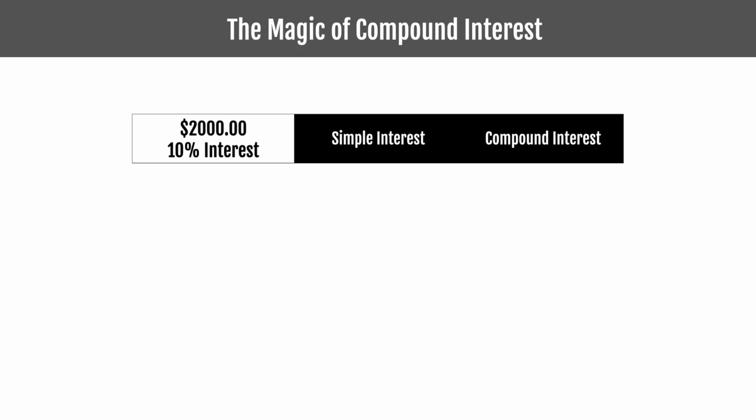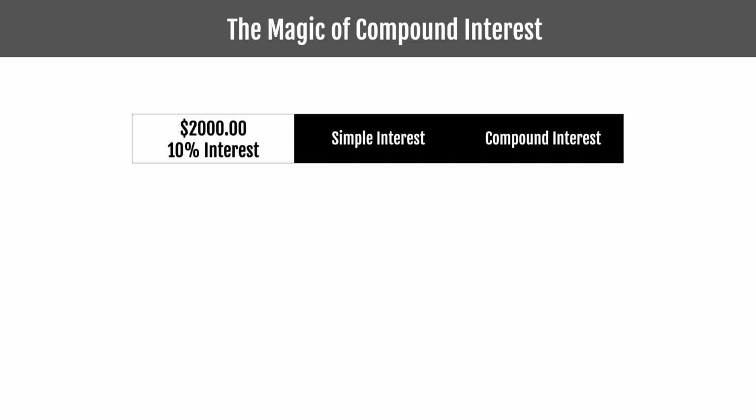So first of all, simple interest is just taking the base amount, multiplying it by the interest rate, and adding those two together, as you'll see soon. And then each year, you do the same thing, and then you just add the interest on. The difference with compound interest is you have the base amount.